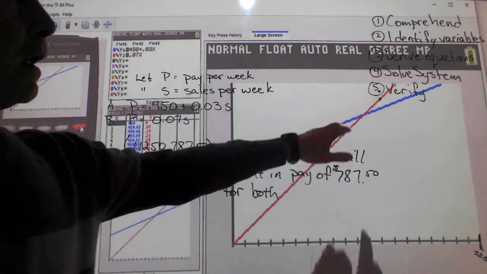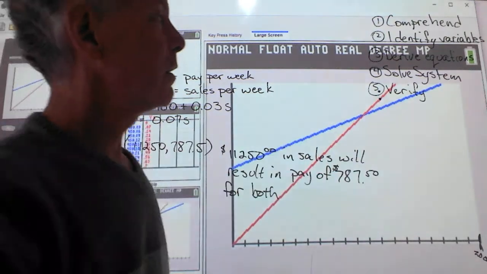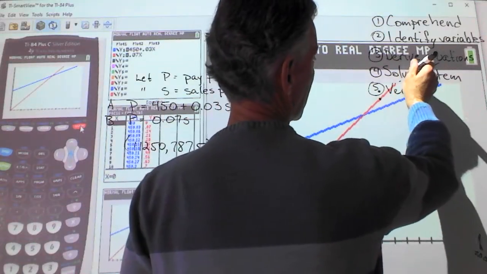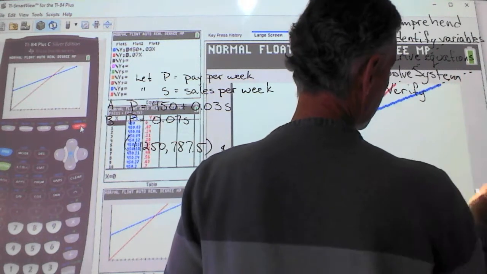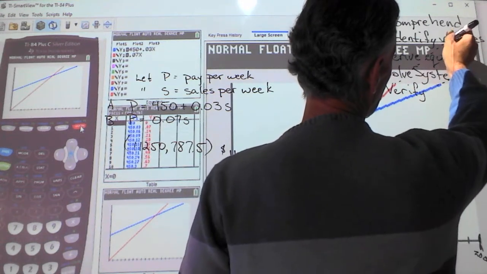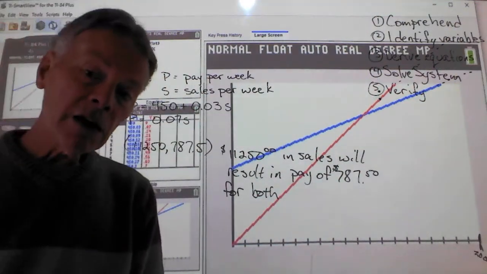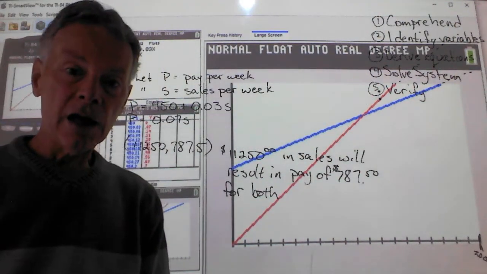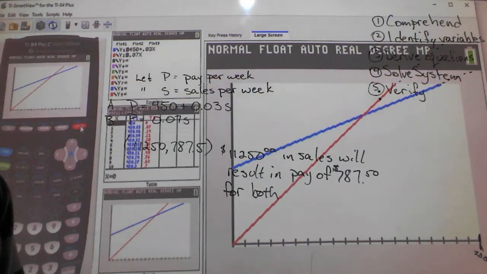Well, take a look. Which line is higher? And you kind of have to imagine, but this line would keep going here, this line would keep going here. So at $20,000, this red line is going to be way higher, right? What that means is that red line will result in a much higher pay.